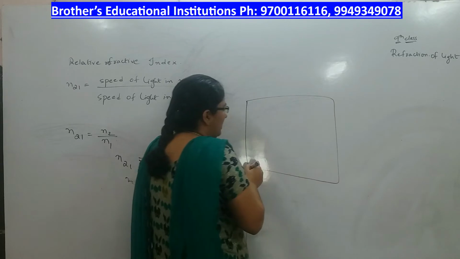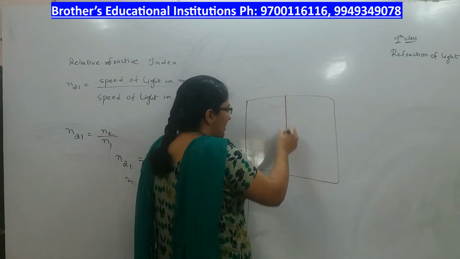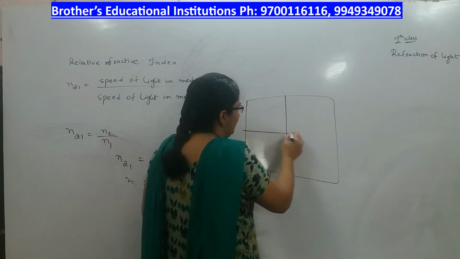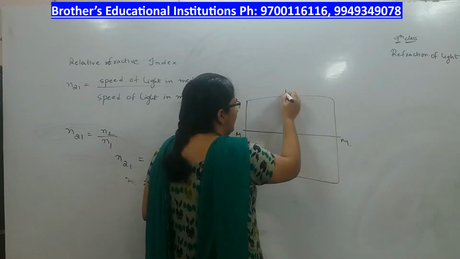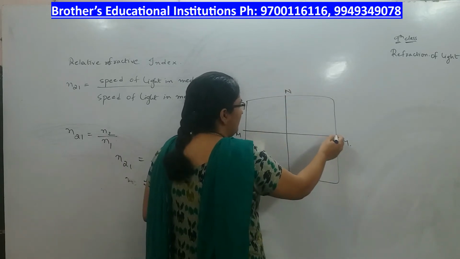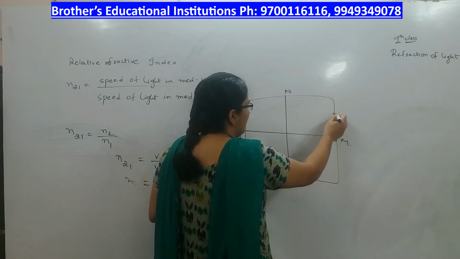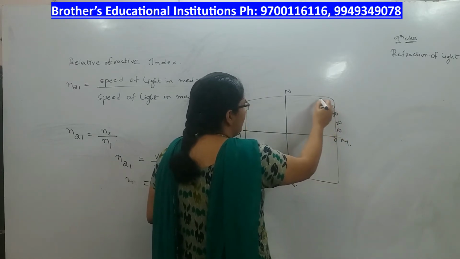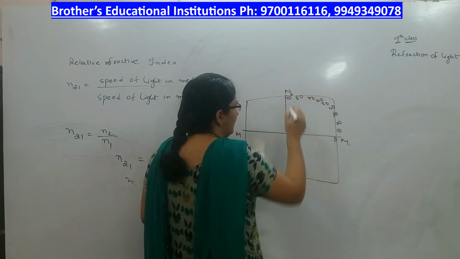a wooden plank, fix a white chart to this wooden plank, draw two perpendicular lines like this, MM and NN. Now from here mark 90 degrees, 0, 10, 20, 30, 40, 50, 60, 70, 80, 90.